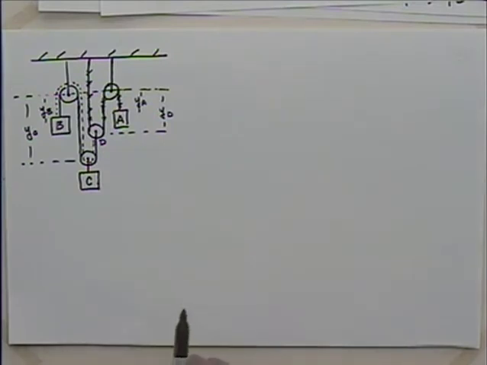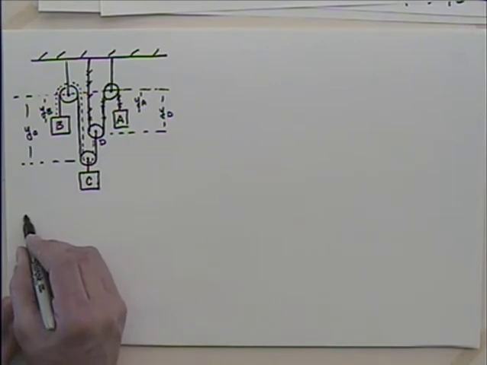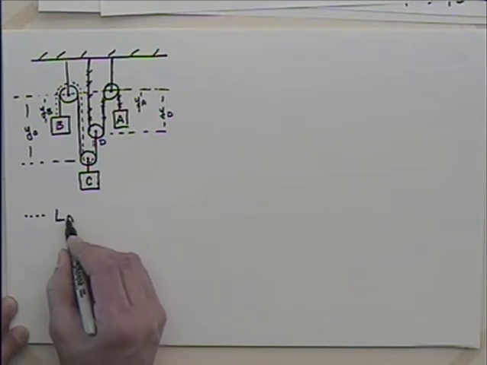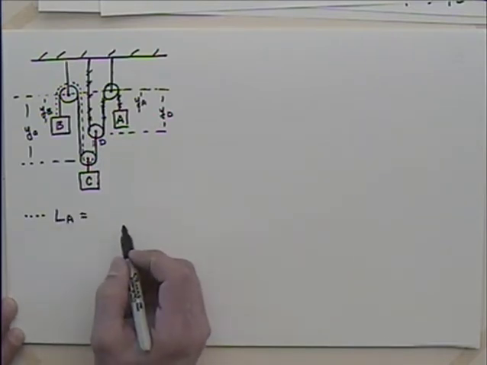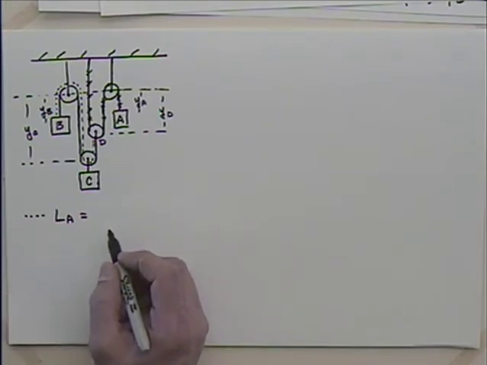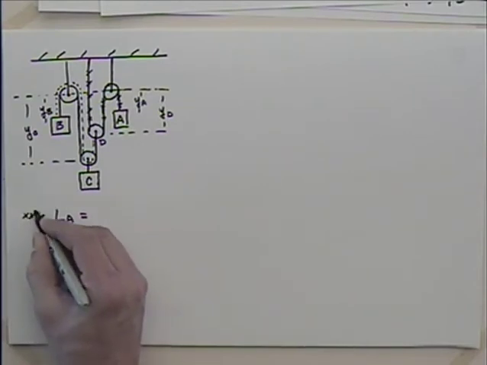So as I go through this, and I want to talk about maybe the length of A, I could talk about this dotted one. We'll say that's the length of A. What would that be equal to? No, that's probably not. If I'm going to talk about the length of A, I should probably take that as the X one, shouldn't I?